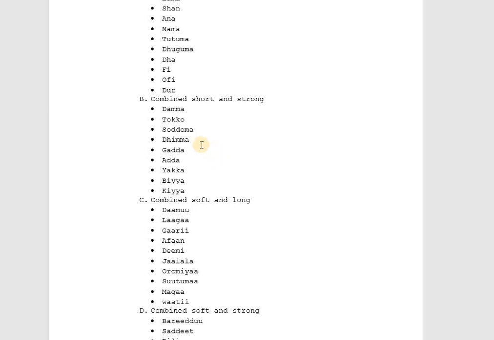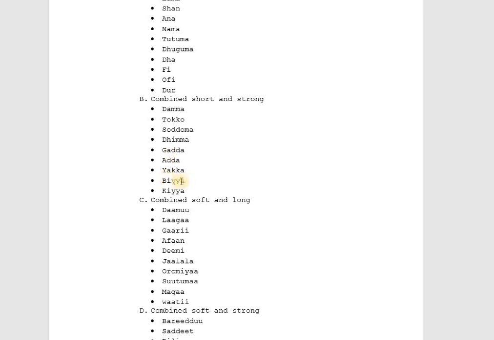Imma, imma, gadda, adda, yakka, biyya, kiyya. So these are short. We don't stay on any of them.